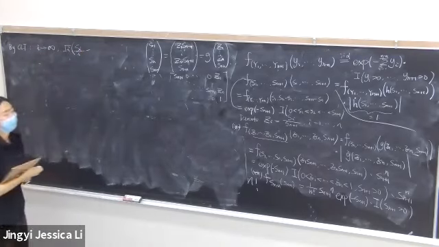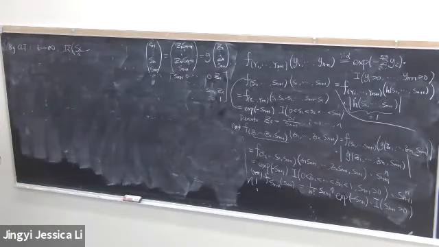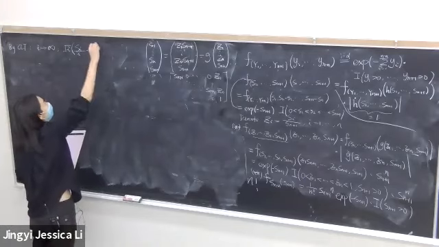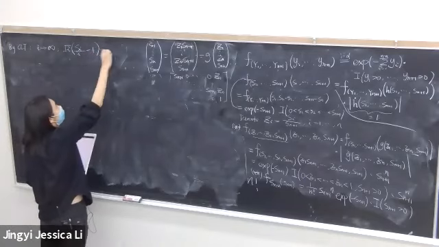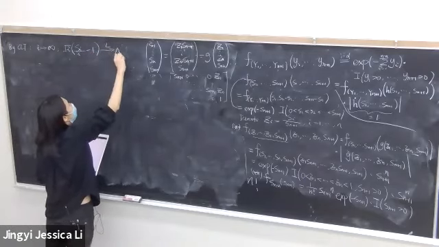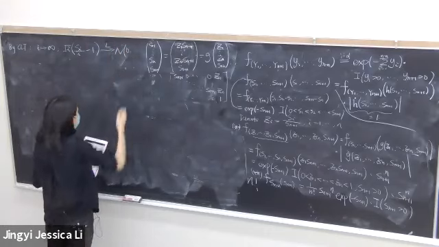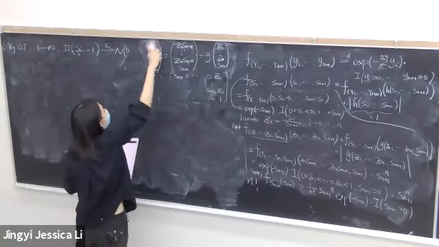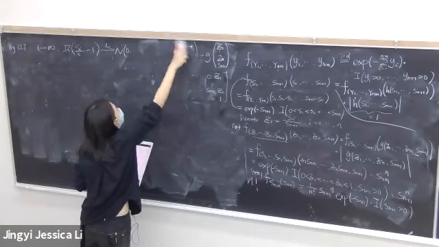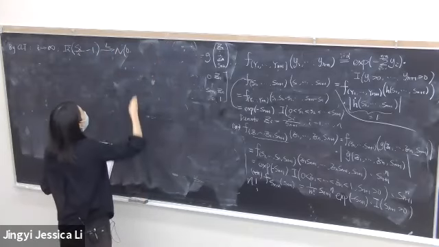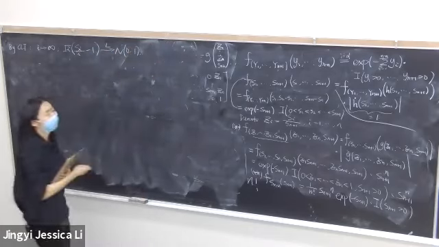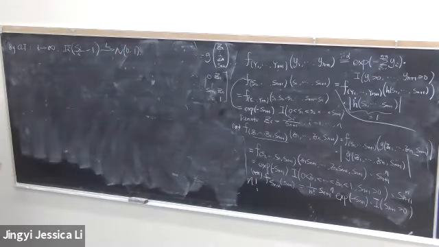Because here the partial sums are from the IID exponential 1, so the mean is 1. It would converge in law to normal distribution with mean 0. The variance is the variance of exponential 1. It's still 1. So this is what we have from the CLT applied to the partial sums.